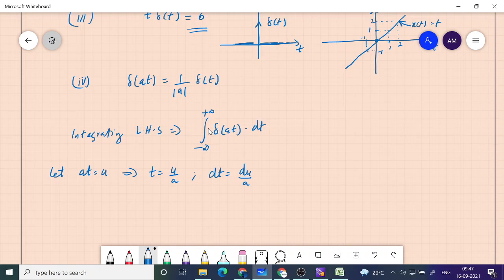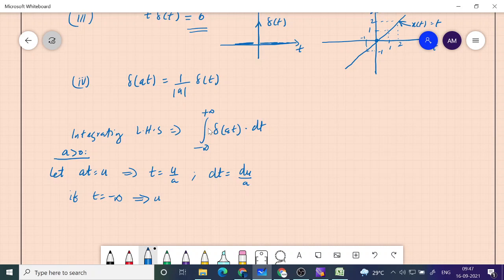Let's first of all take a as positive. We can do this two times. One is the case where a is positive, and if a is positive, then when t is equal to minus infinity, what about u? u is going to be a times minus infinity, because u is equal to at, and if a is positive and t is minus infinity, u is a positive quantity multiplied by minus infinity.